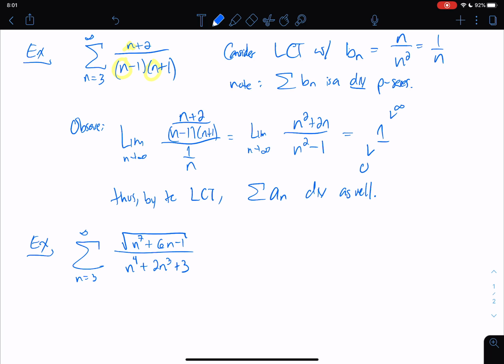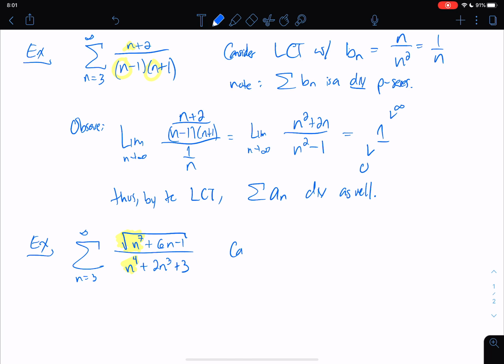What we see is that the denominator's highest power term is easily still deducible: n to the 4th. The numerator, however, is a little murkier. The key takeaway is that the growth rate of this numerator is going to be the growth rate of the largest powered term in the root, along with the root. So this numerator is going to grow like the square root of n to the 7th.